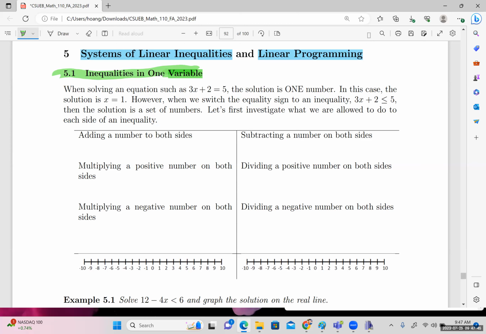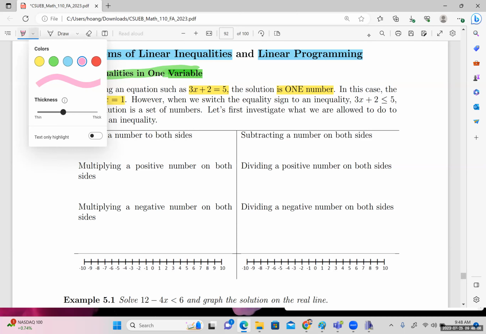So when solving an equation, for example 3x plus 2 equals 5, the solution is just one number. And in this case, the solution is x equals 1.